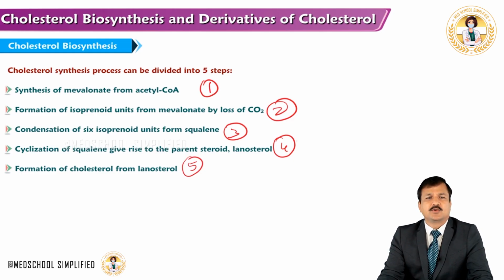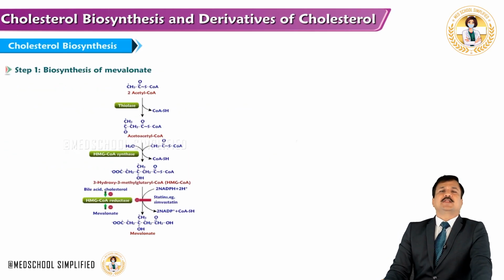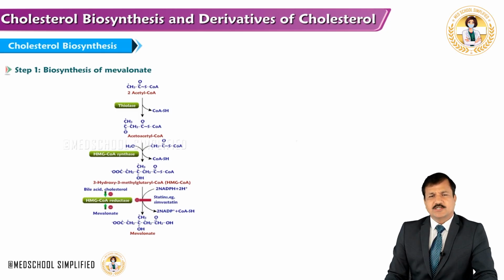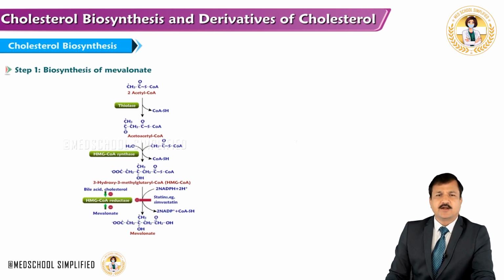Now let's get into the very first step in the cholesterol biosynthesis, and that is synthesis of mevalonate from acetyl-CoA. Now as you see here in the figure, 2 acetyl-CoA molecules will condense with one another to make aceto-acetyl-CoA.